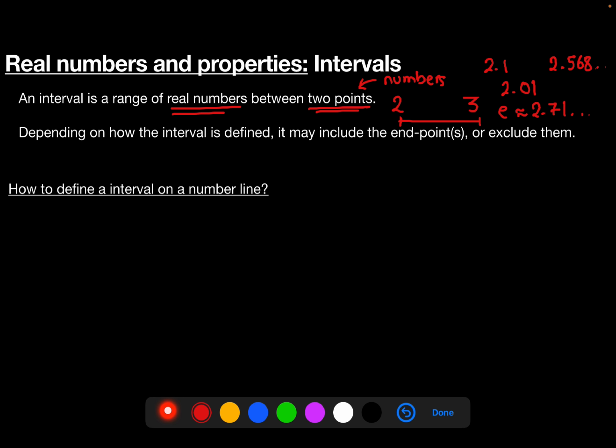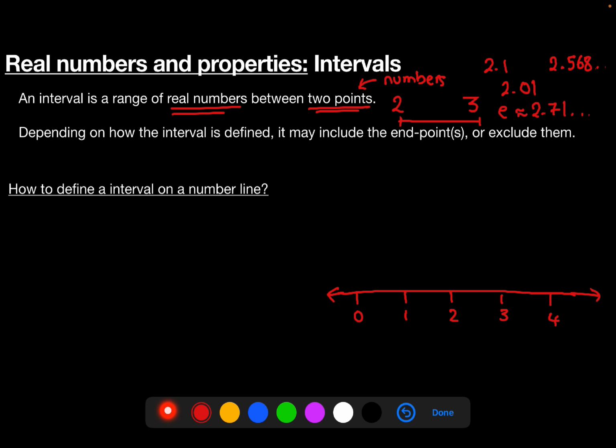So how do we define an interval on a number line? Before we look into that, let's look at what a number line is. So we have a line which is a section of all the numbers. So we could have 0, 1, 2, 3, and 4, and it goes on and continues on both sides.